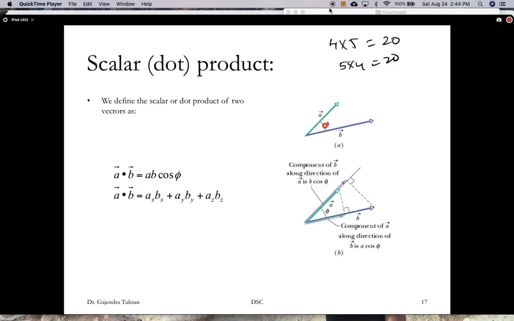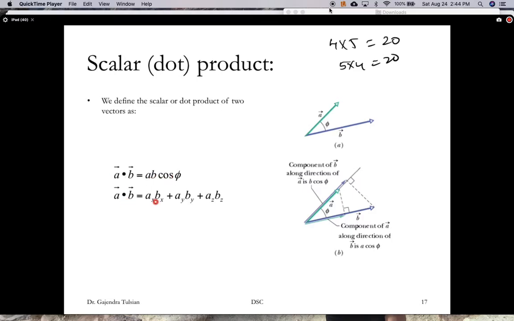So this angle can be anything from 0 to 180 degrees. When the angle is less than 90 degrees, cosine is positive, so the dot product is positive. When this angle is greater than 90 degrees, cosine phi is negative and the dot product is negative. Okay, so that's how we define the dot product.